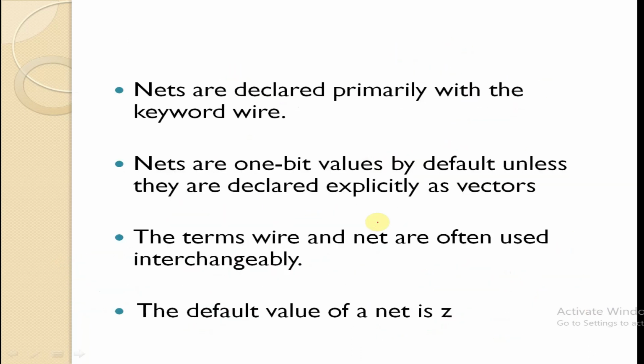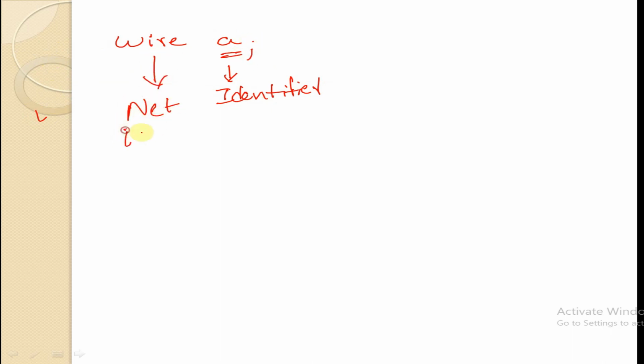Nets are declared primarily with the keyword wire. If we want to declare any net, we will use the keyword wire followed by the identifier name. For example, A. A is the identifier, that is the name, and wire is the data type, that is the net data type.